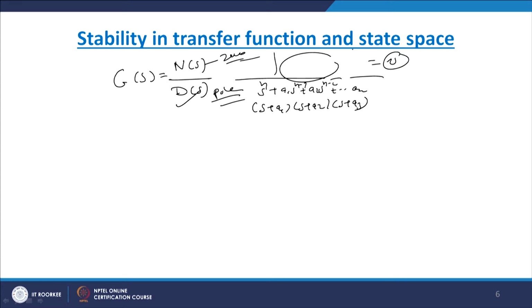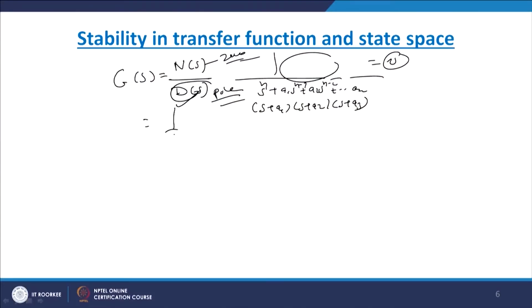Now we can understand this concept this way also. In the denominator part, 1 by s is nothing but an integrator, and s is nothing but a differentiator. The integrator is generally called a low pass filter. Low pass filter means low frequency, that is the steady state, and s, the differentiator, remains in the transient part, and we are concerned with the steady state part.